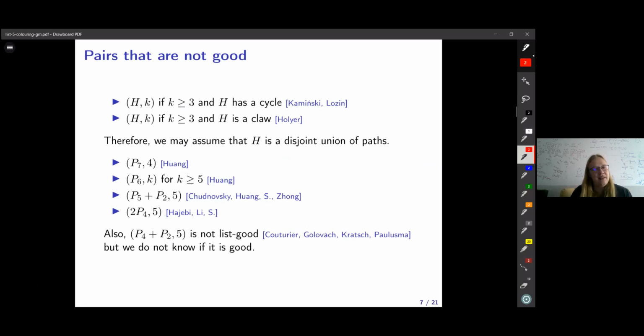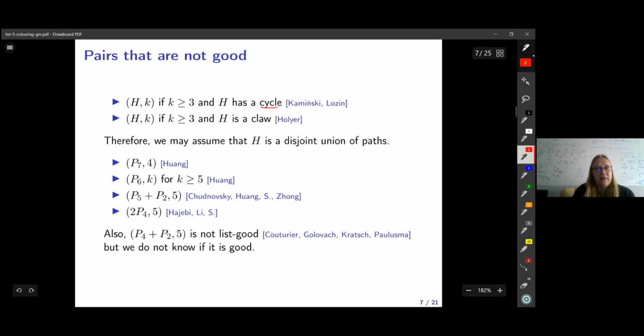And the reason that paths are interesting is because if K is at least 2, then H and K is always a bad pair if H has a cycle or is a claw, which means everything is NP hard unless, well, K is 2, which is really easy, or H is a disjoint union of paths.